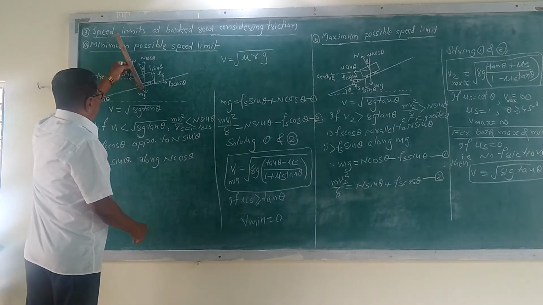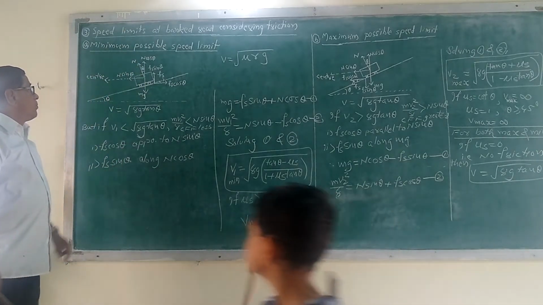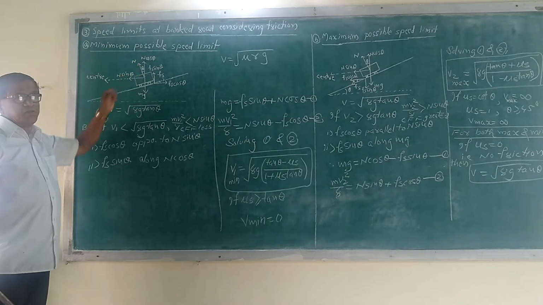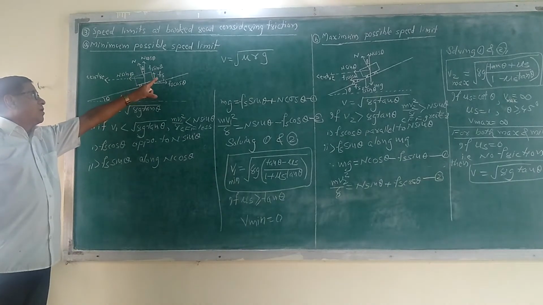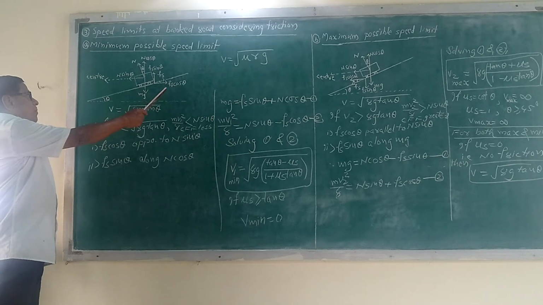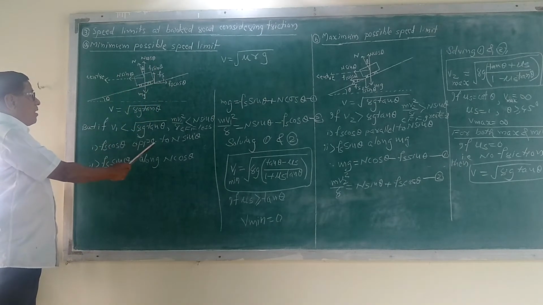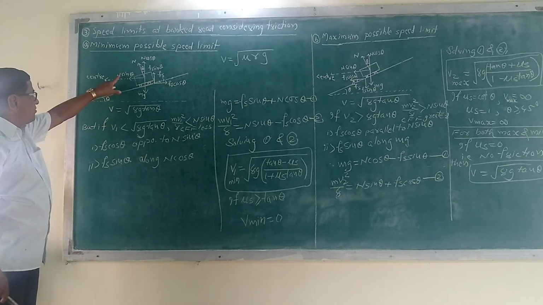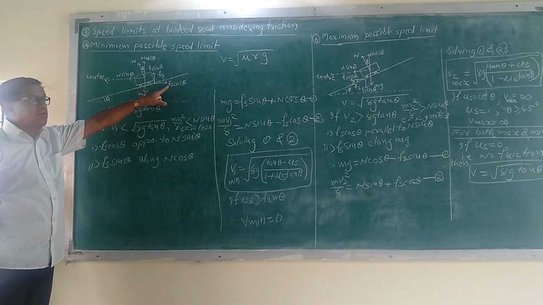Here the force of friction Fs also has two components, Fs cos theta and Fs sin theta, where Fs cos theta is opposite to n sin theta. This is the direction of n sin theta. This is the direction of Fs cos theta, which are in opposite directions.